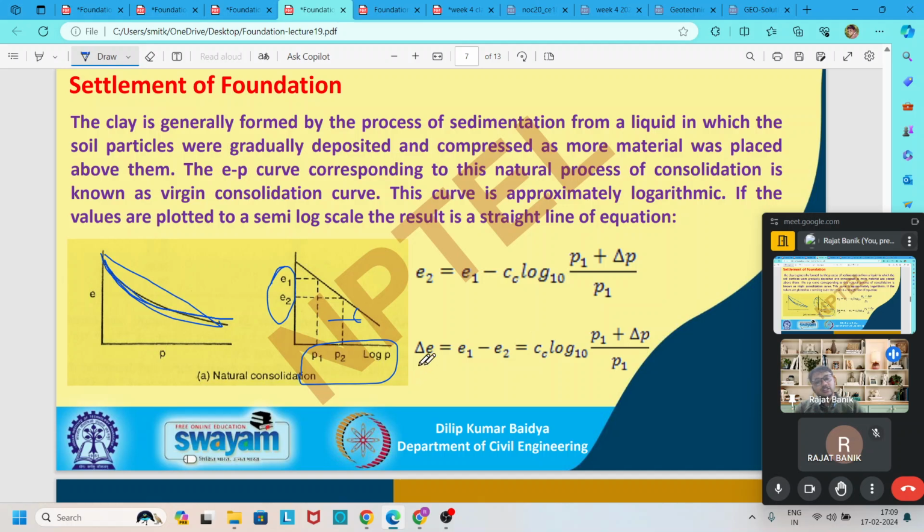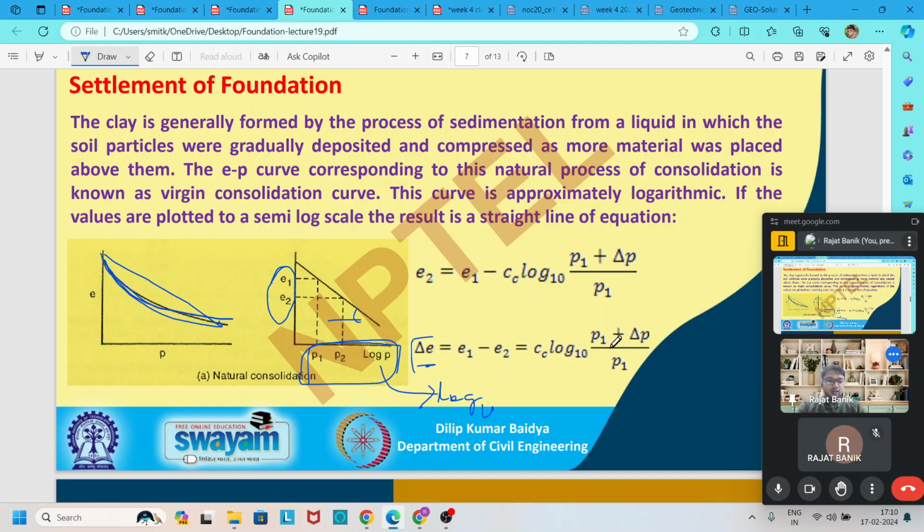So here the change in void ratio, that is e1 minus e2, is equal to Cc, that is the compression index, into log10. Remember, we change the pressure based on the logarithmic scale with base 10.